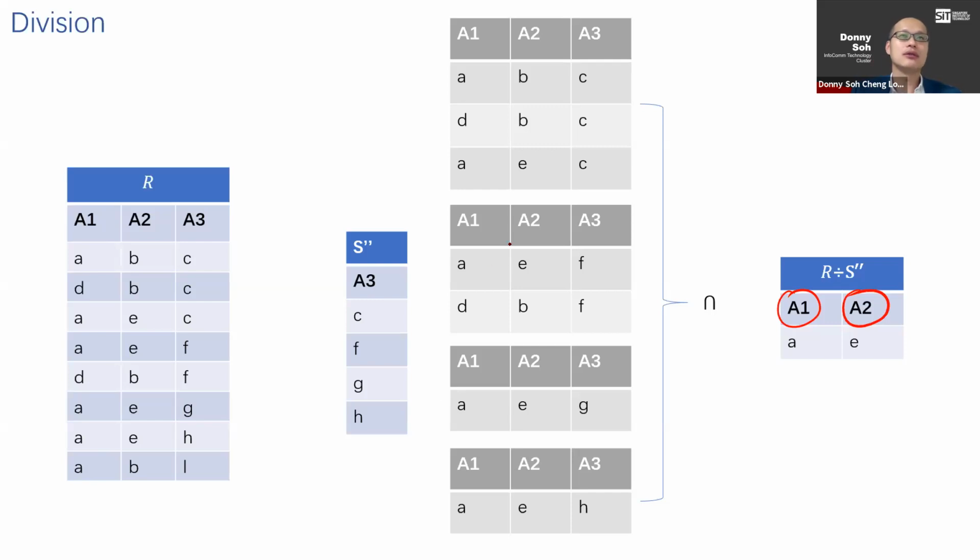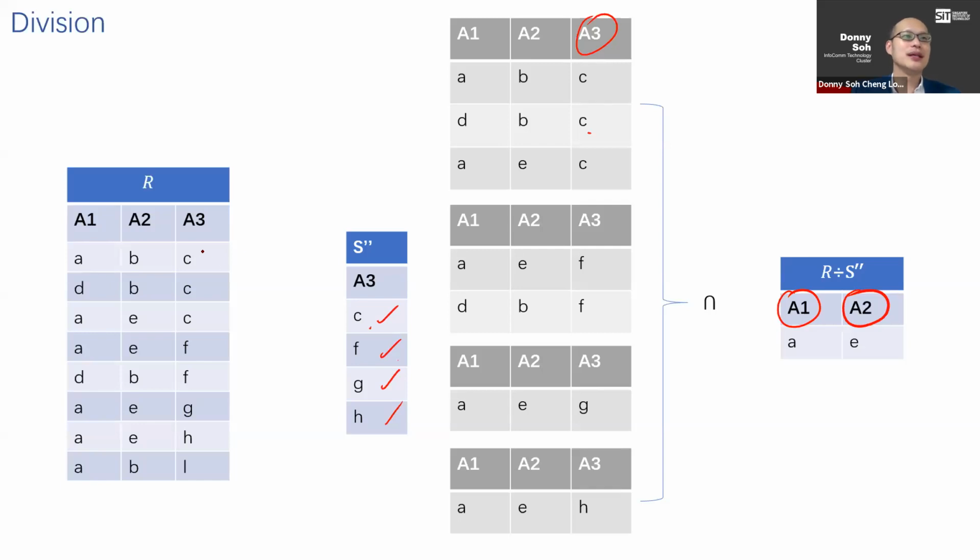Notice that right now I have four distinct unique values in A3. So I'm going to end up with four unique views or tables of A3 with values C, F, G, and H.